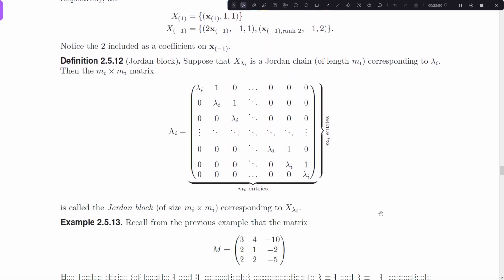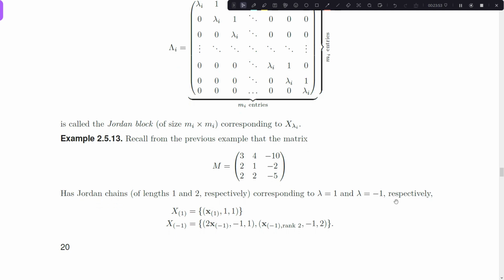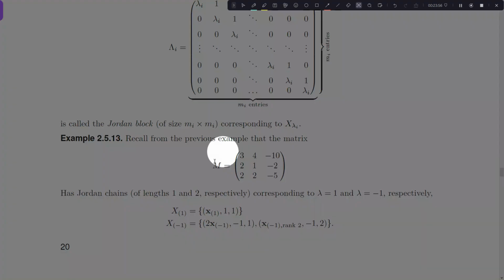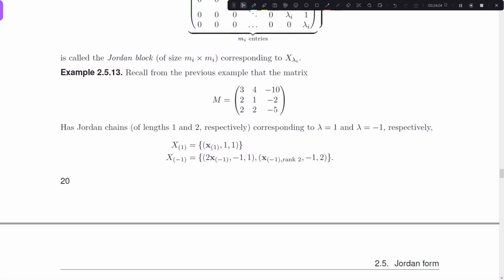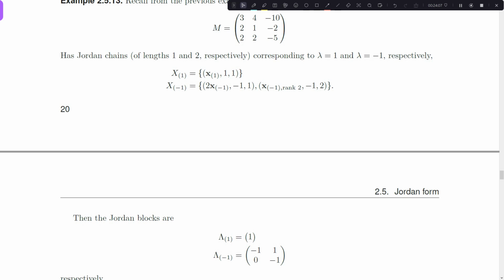Okay, so then let's continue with our example on the Jordan block. So here we have our matrix M. Here's our first Jordan chain. Here's our second Jordan chain that we constructed from the previous example. And now we can form Jordan blocks.